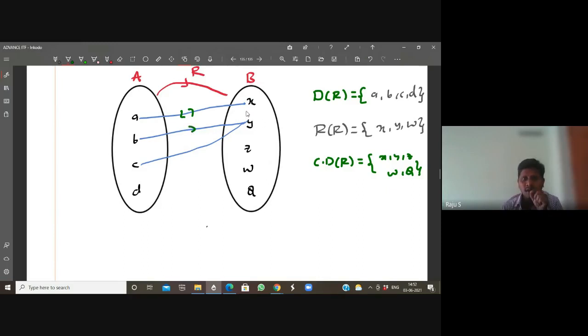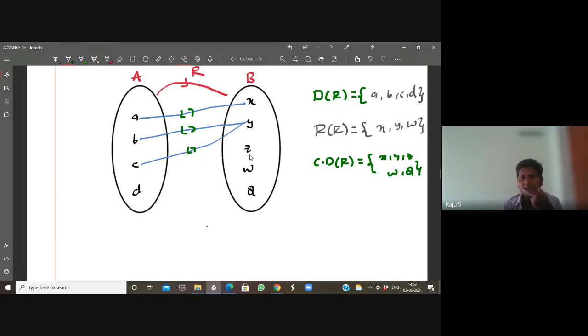What about Y? Y is the image of B with respect to R, and B is the pre-image of Y with respect to the given relation. In the same way, Y is again the image of C, and C is the pre-image of Y.